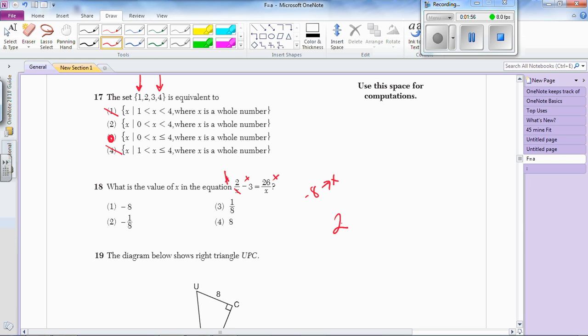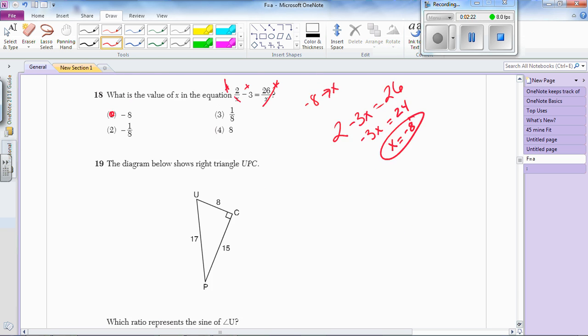Leaves me 2 minus 3x equals, and the x's cancel here, 26. If I subtract 2 from both sides, I get negative 3x equals 24. Divide by negative 3, I get x equals negative 8. And that is the right answer.